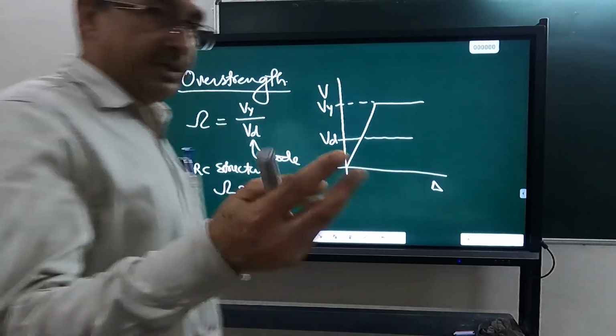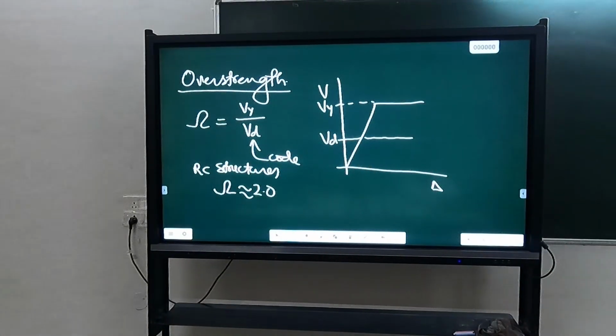So in some of the questions, you have to first calculate VD from the code using whatever we discussed in the first semester. Okay, all of you know how to design using codes. IS 1893, you can calculate VD, and then VY you can simply take double of that. That's it.